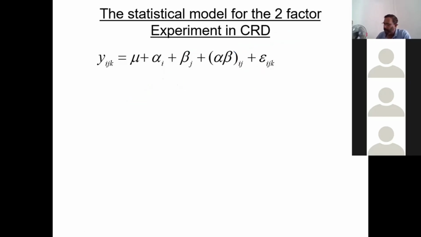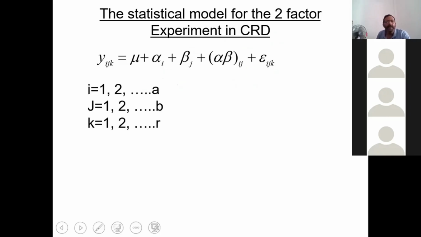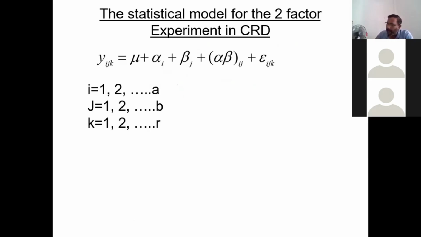You can write down. I is from 1 to A. So this is the level of factor. For example, factor A, we say 1, 2, we don't know how many levels, 3.